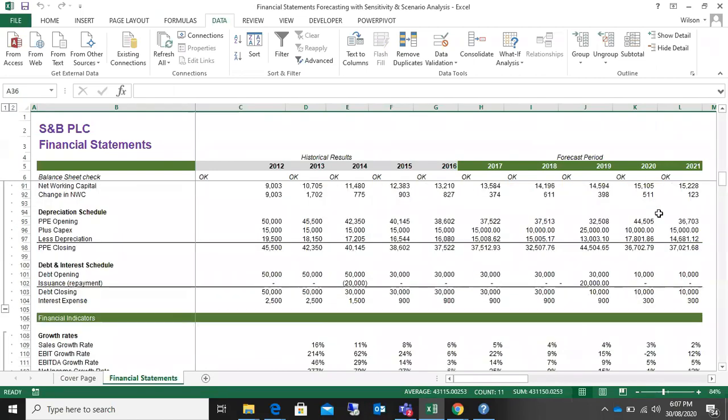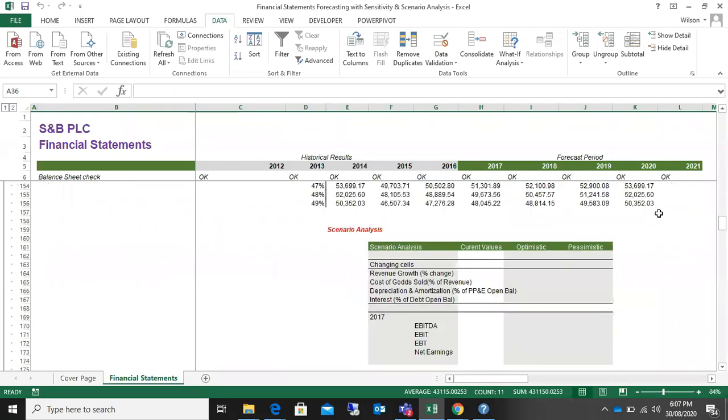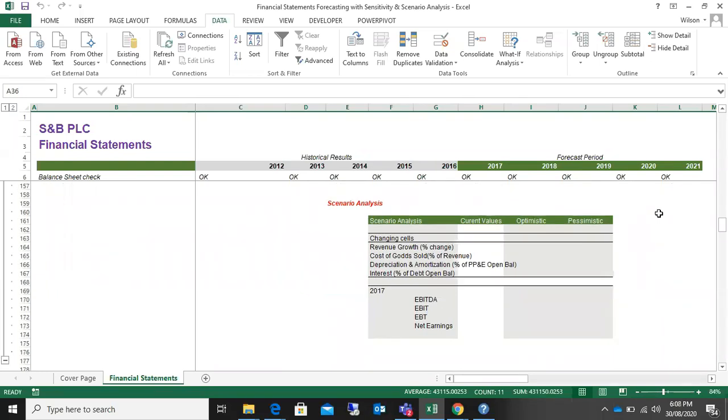So let's go to the last part, which is scenario analysis. Now, scenario analysis is basically used to show the worst scenario, whether you have a bad scenario, a good scenario, or something in between.